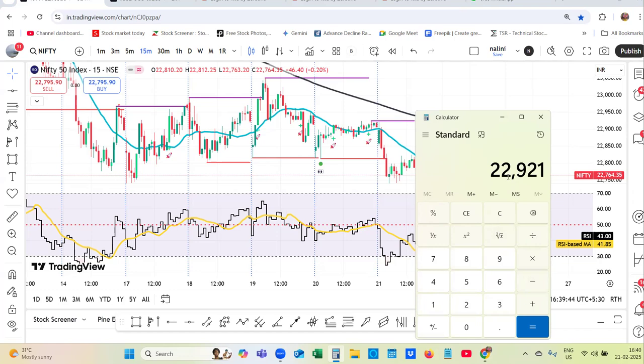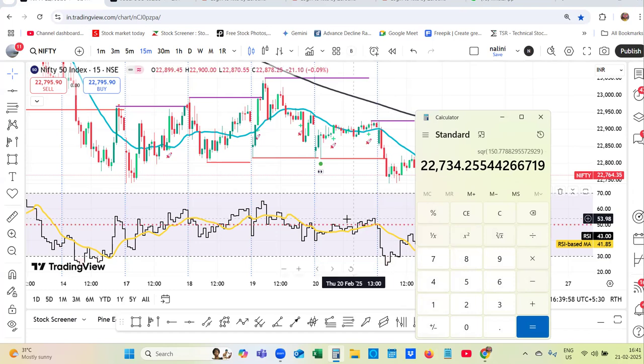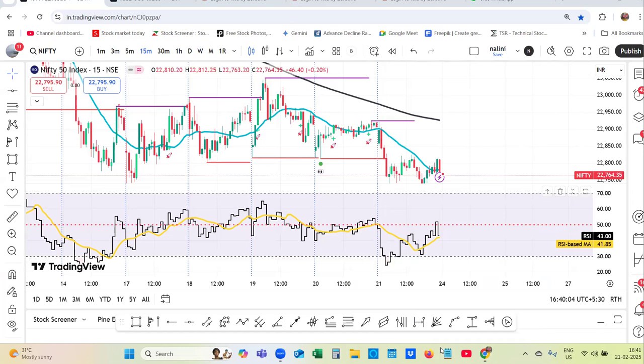Okay. So I'm square rooting it. I'm getting this value. I'm minusing it with 0.618. That is, I'm getting 150.77. If I square it, I'm getting the level of, no, sorry, something is wrong. I had got 22,921. Let me check.